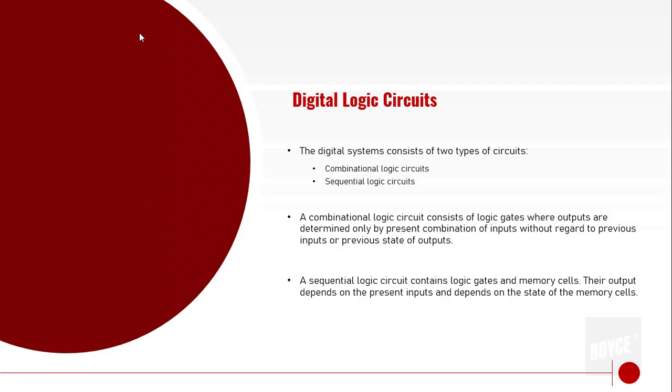Ibig sabihin, yung nagde-determine ng output natin is not only the present input but it will also depend dun sa state ng ating memory cells. So yung previous state ng output natin, magkakaroon na siya ng effect dun sa present input and dun sa magiging present output.